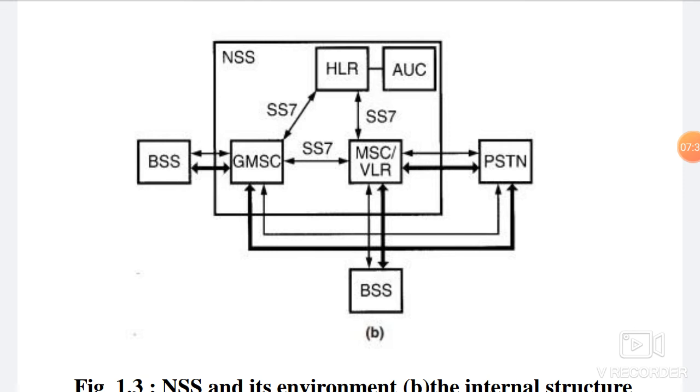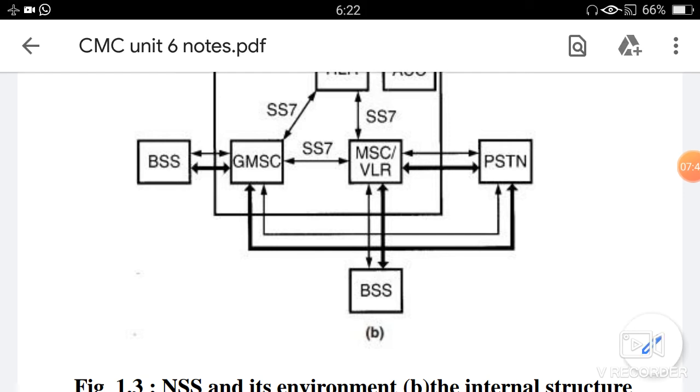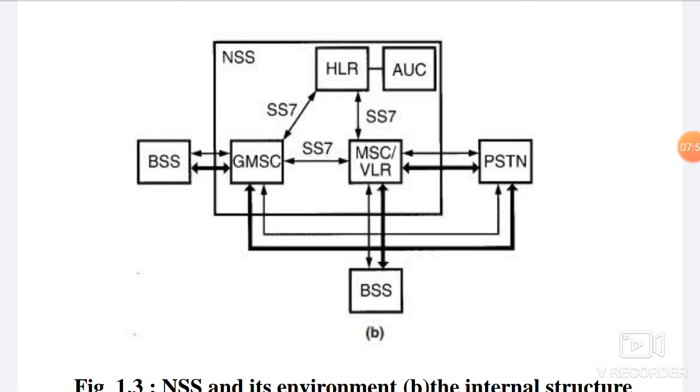The GMSC has an interface with the external network for gatewaying, and the network also operates with the signaling system SS7. There you can see the two-way communication from the GMSC to the HLR, which operates through SS7, and from the HLR to the MSC, and from the GMSC to the MSC or VLR also.